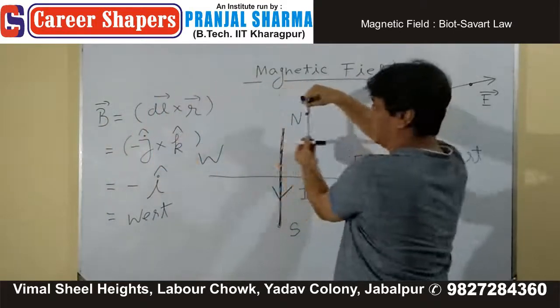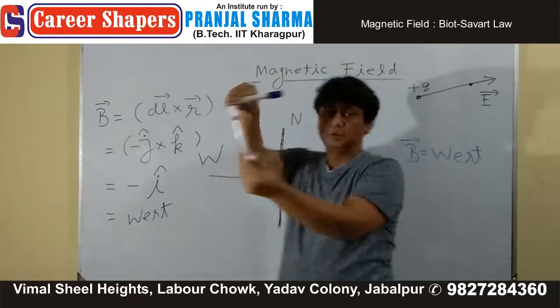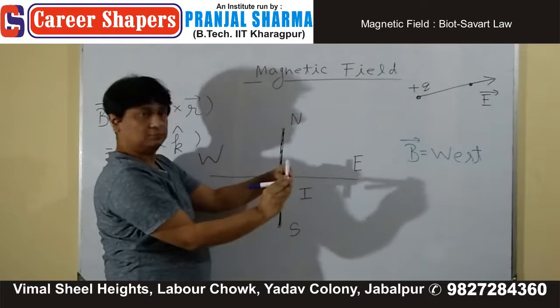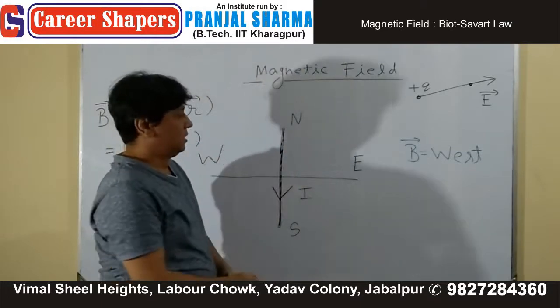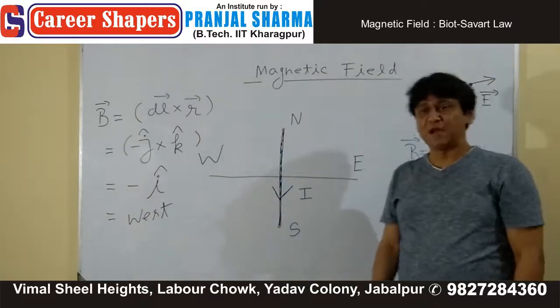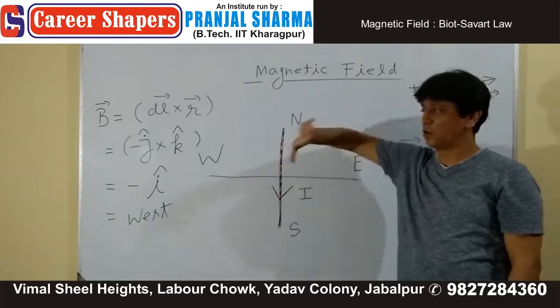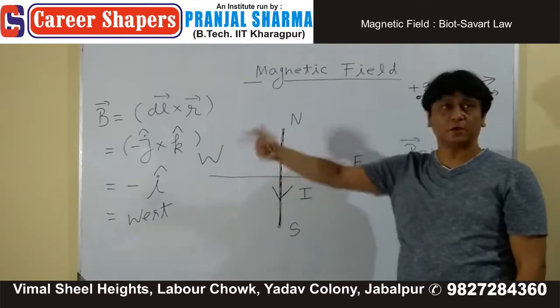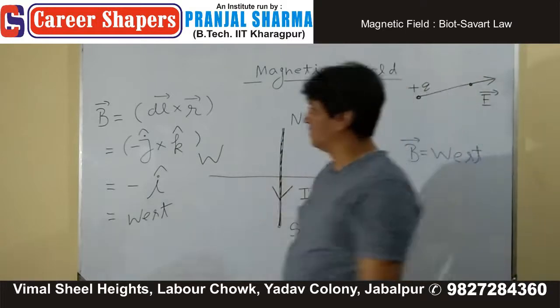This is a 3D. Look at this 3D part. But the most efficient method is what? Thumb. Over here, curl. You got the answer. Let's see if you are comfortable with this or not.